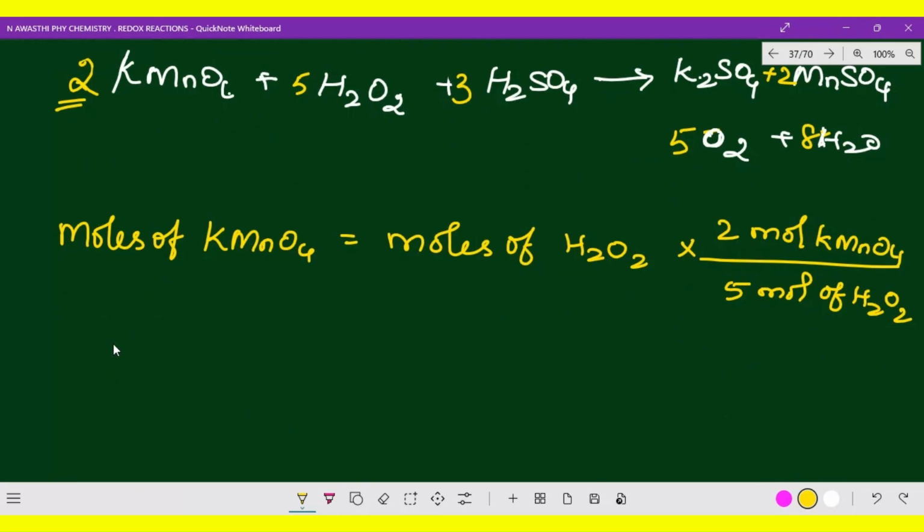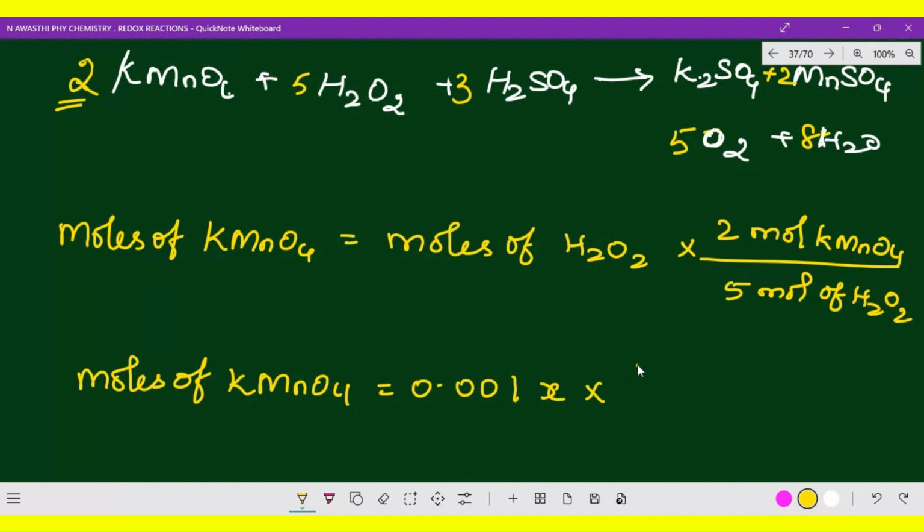So the moles of KMnO4 equal 0.001 x into 2 by 5, that is moles of H2O2 into 2 by 5.